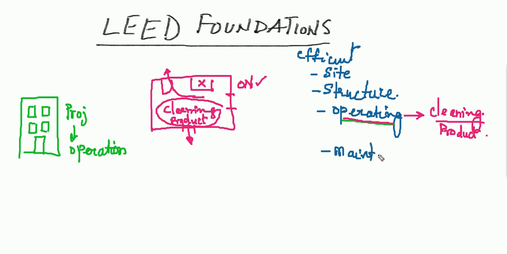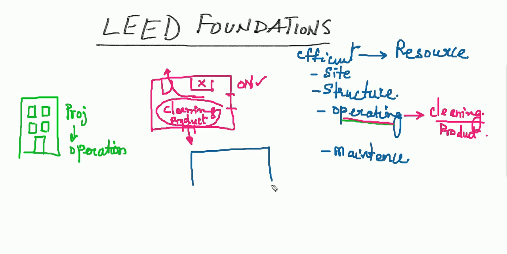Maintenance is also another factor which affects efficiency, or efficient use of resources. Let's just give a very easy example. I think more or less everybody knows there is an air conditioner. This is your AC, the air conditioning unit. And every AC has a filter.